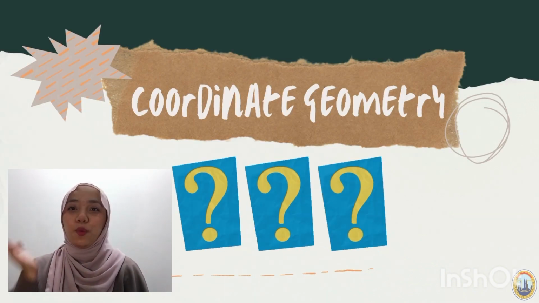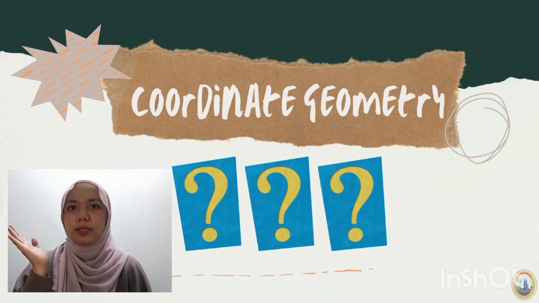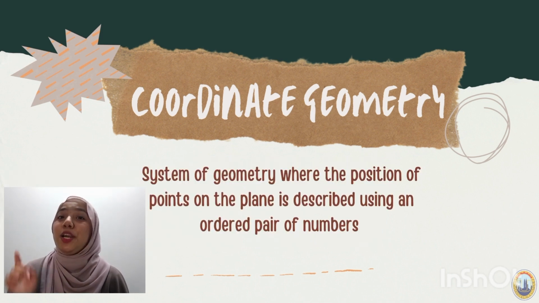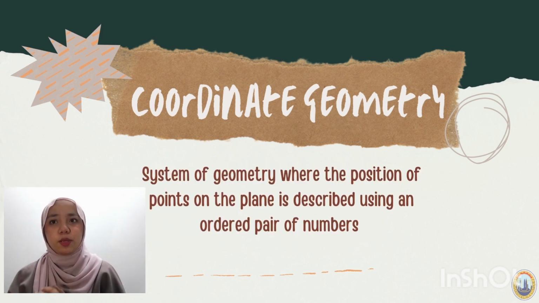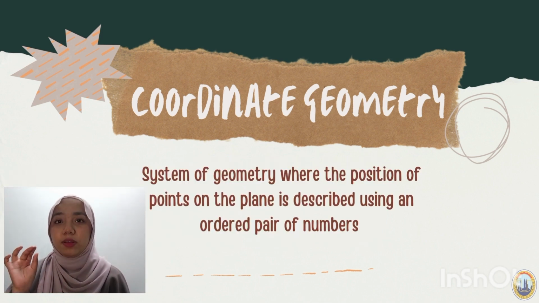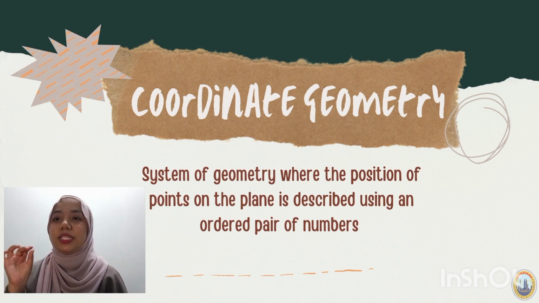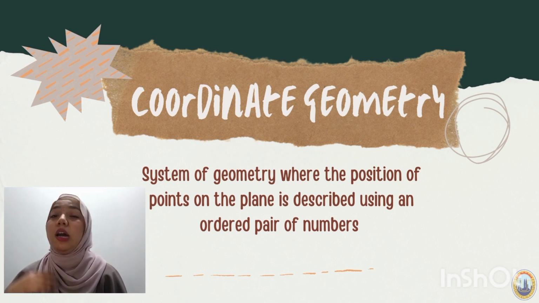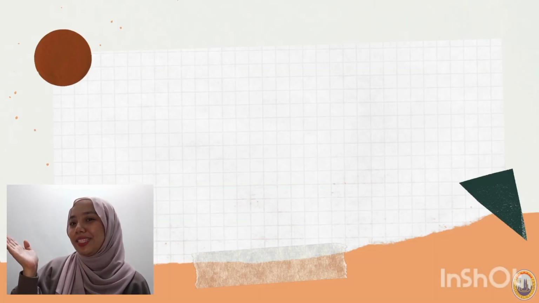So, what is coordinate geometry? Coordinate geometry is a system of geometry where the positions of points on the plane are described using ordered pairs of numbers. Let's take a look at this piece of paper.